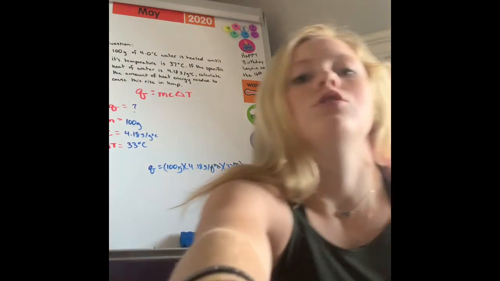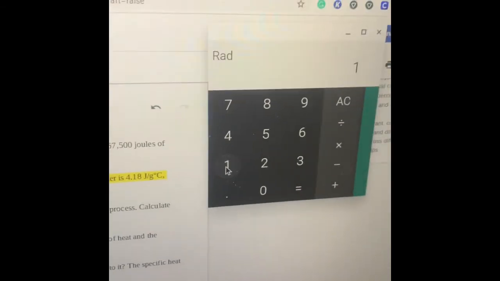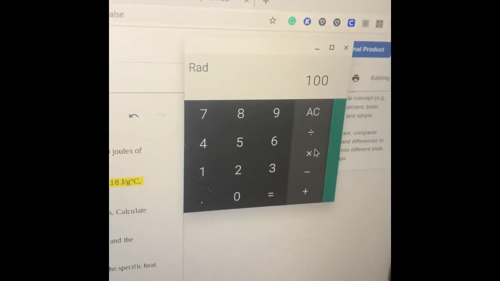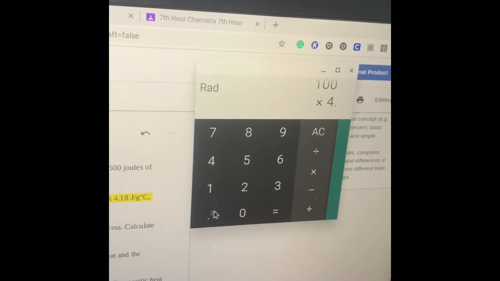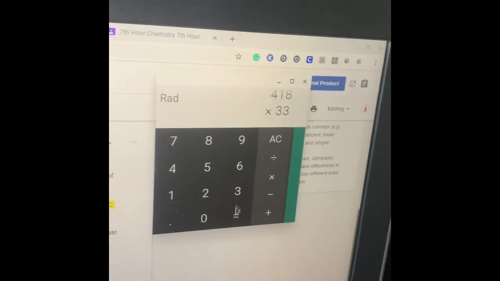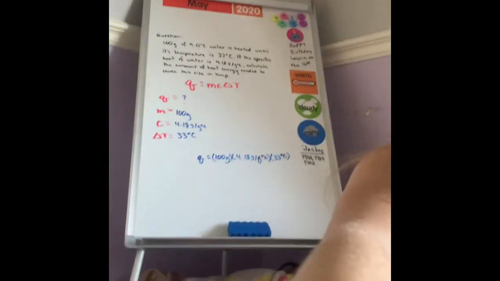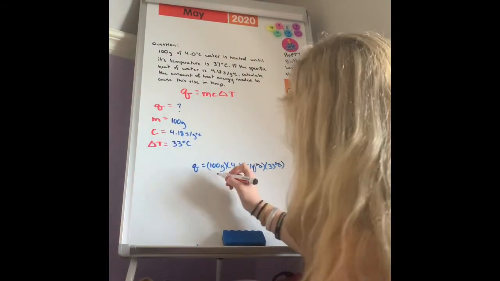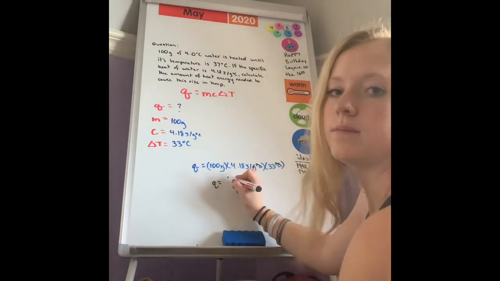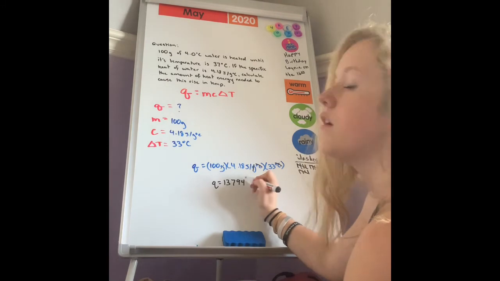So now all we have to do is multiply those numbers, and we have our calculator. 100 times 4.18 times 33 gives us 13,794. So we write that, 13,794.